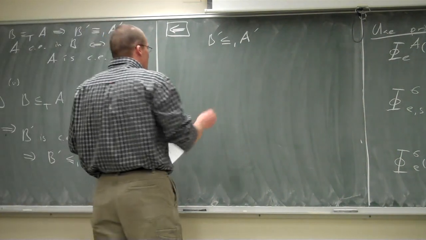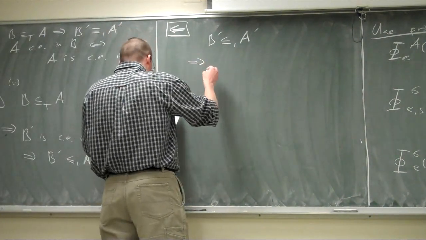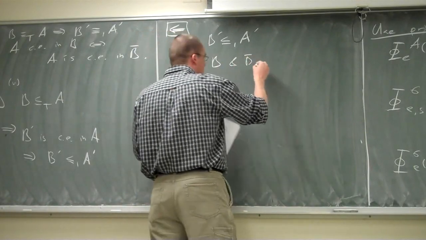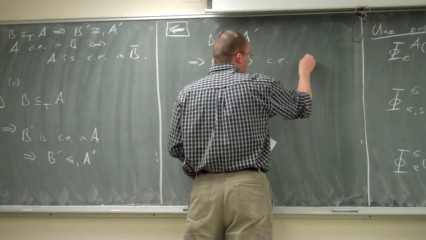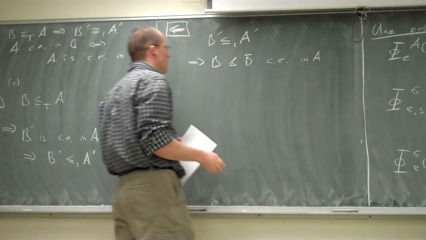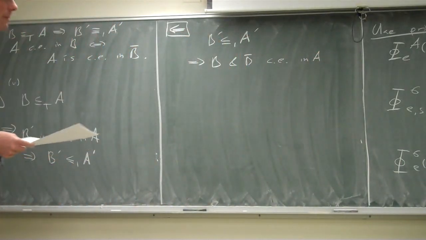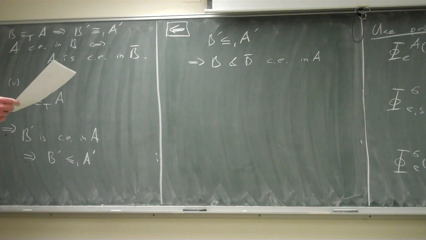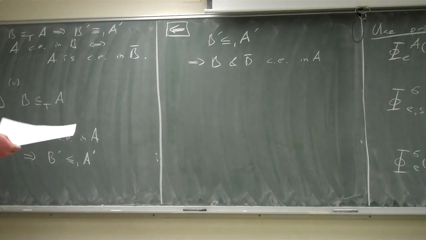B jump 1 reduces to A jump implies B and B complement are computably enumerable in A. And now I'm not even seeing the opposite observations to make.